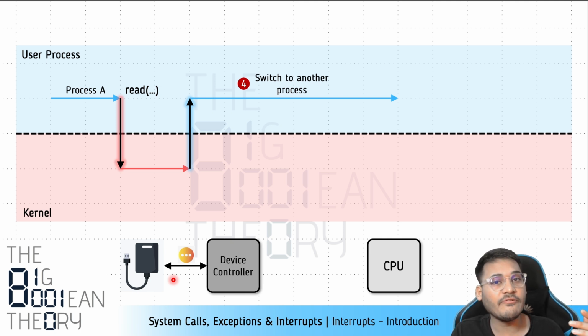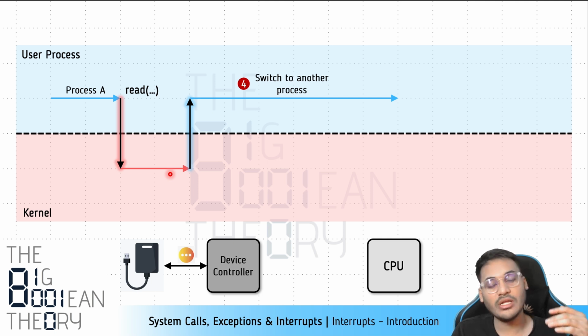So now we have two options. The first option is that process A is allowed to execute, but since process A needs that data from the file to further process it, it won't be able to do that processing unless that data is available. So what process A will do is continuously check or poll the IO device to see whether the operation that it had requested is complete or not.